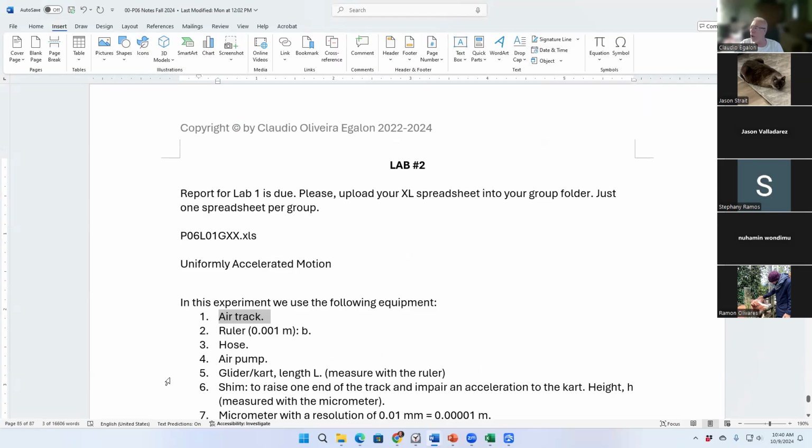The hockey table has holes throughout this entire area, and through those holes, pressurized air is pumped through to levitate your hockey puck, right?